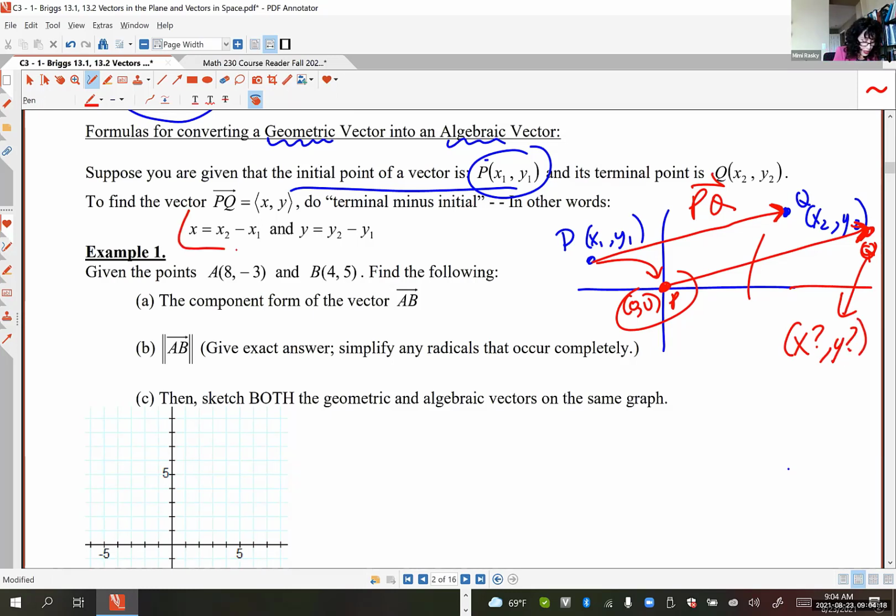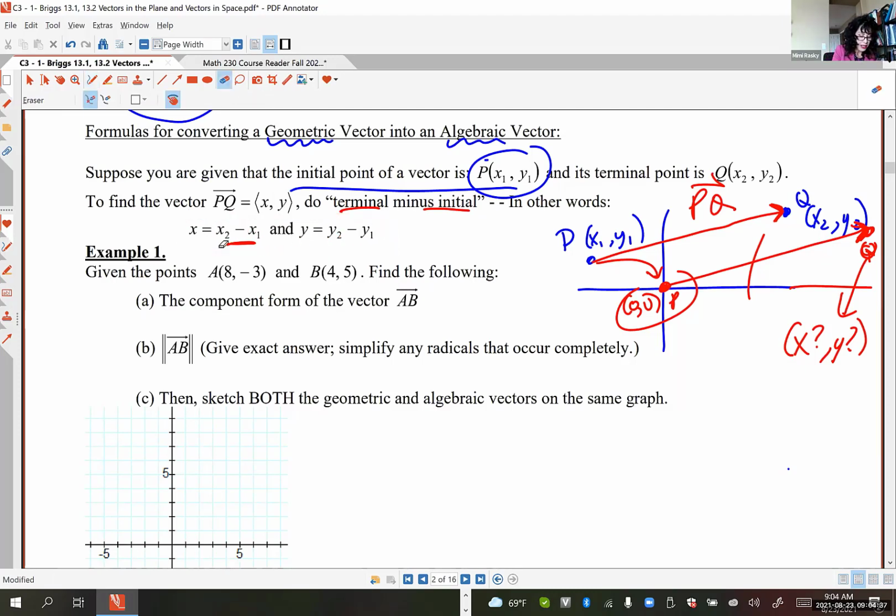Well, the formulas are right here. X can be found by taking the difference of the x coordinates of P and Q, and order matters. You want to do terminal minus initial. So the terminal x coordinate minus the initial, and then the new y coordinate is terminal minus initial.